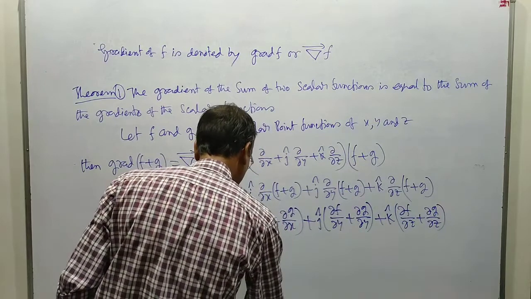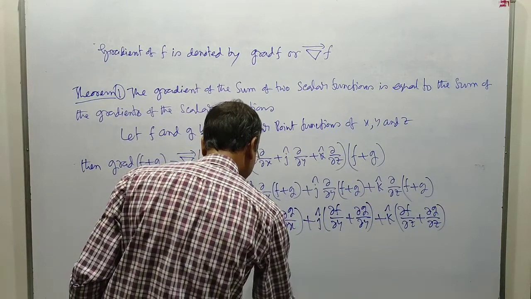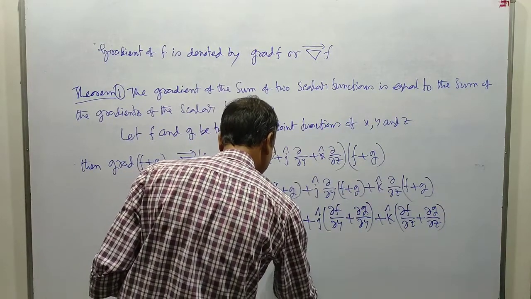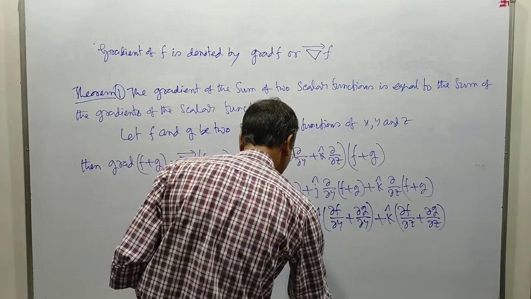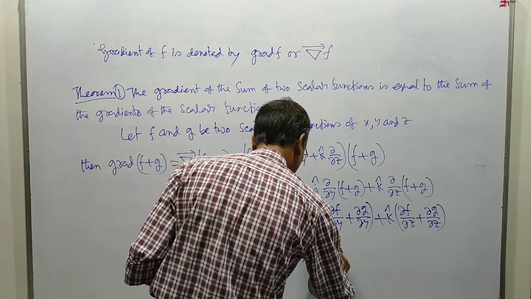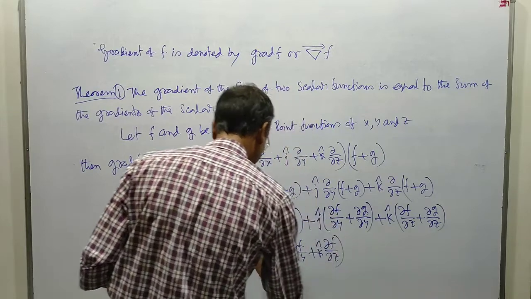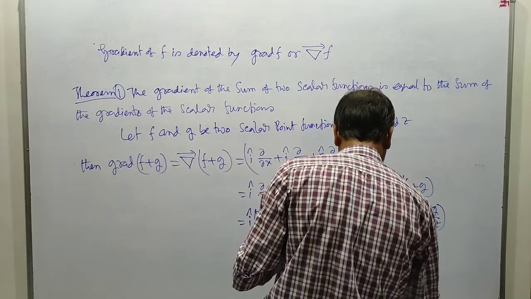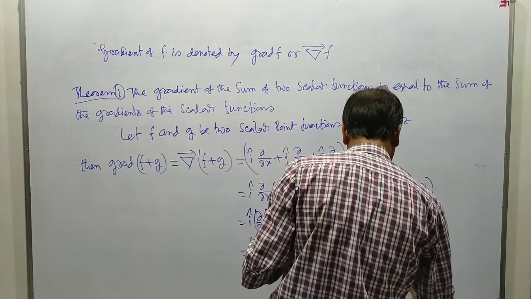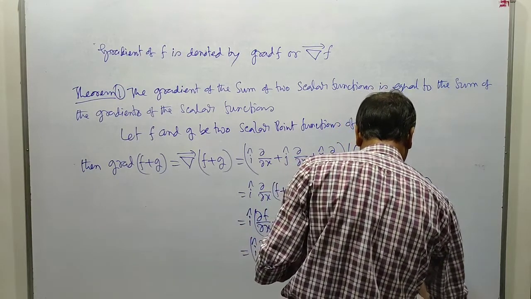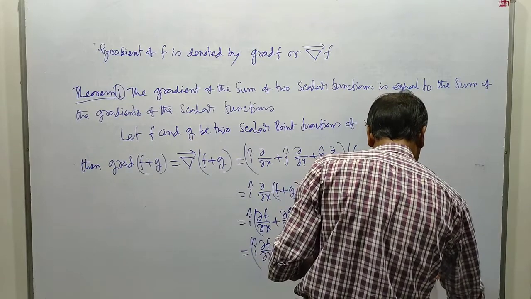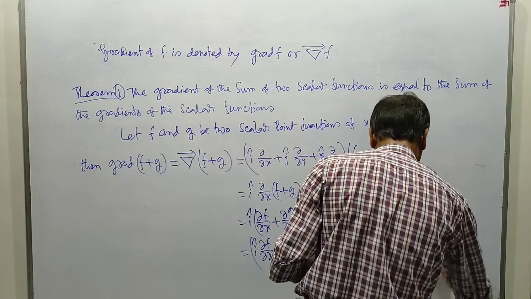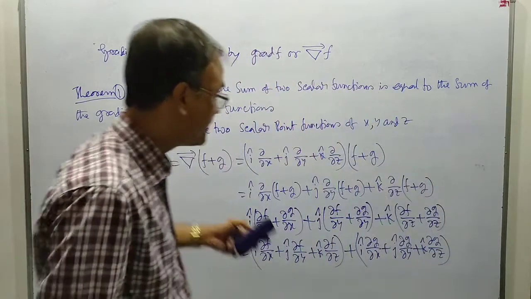This is equal to i cap ∂f/∂x plus j cap ∂f/∂y plus k cap ∂f/∂z, plus i cap ∂g/∂x plus j cap ∂g/∂y plus k cap ∂g/∂z.